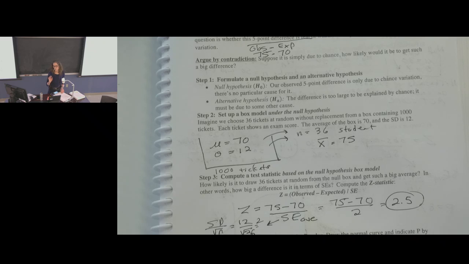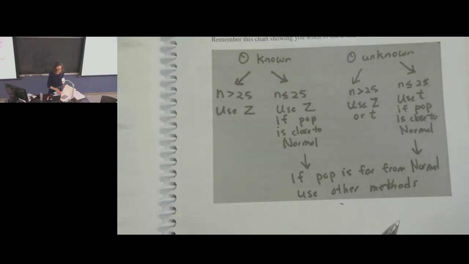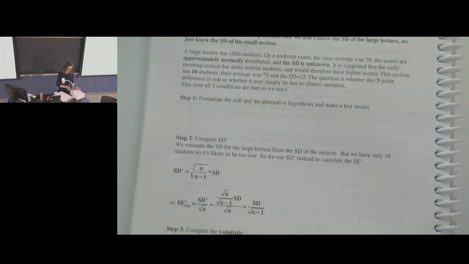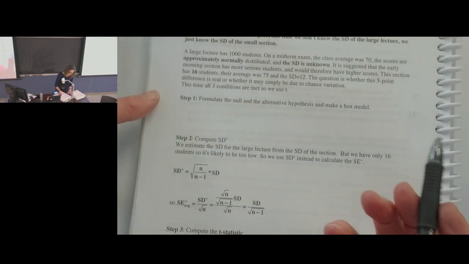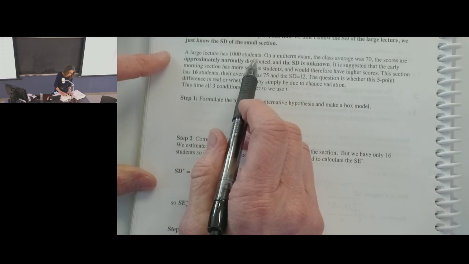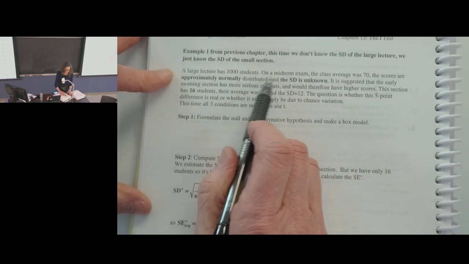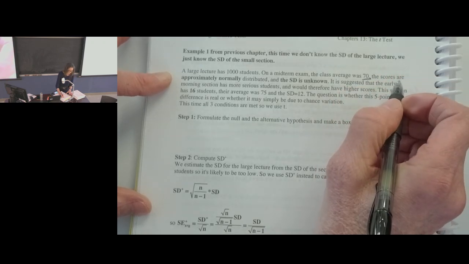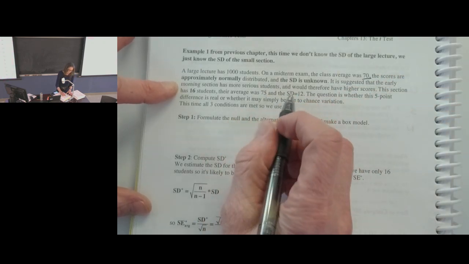Then we'd do the same problem, but we would use T. So let's do it. All right. Just to refresh your memory, the large class has 1,000 students. On the midterm exam, the class average was 70. All right, and the scores are approximately normally distributed.